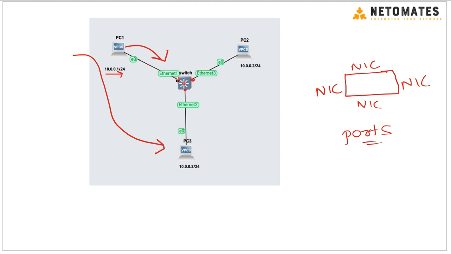Once it receives the packet on one interface, all it needs to do is switch that packet to the target device. Suppose PC1 is sending a packet to PC3. Once it receives it on Ethernet 1, it just needs to move that packet and send it out on Ethernet 2. But how will the switch know that PC3 is behind Ethernet 2?